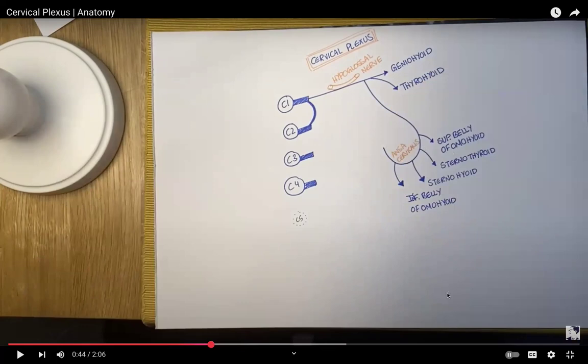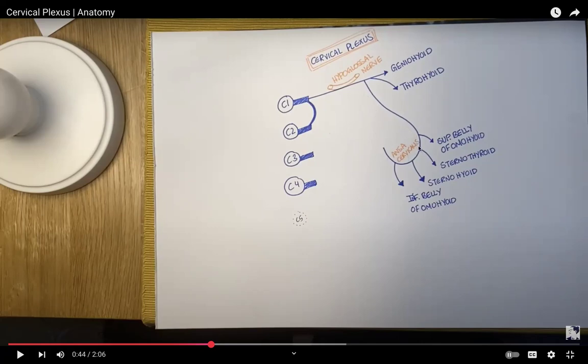See? Ansa cervicalis. So ansa cervicalis is basically a loop of nerves that comes out from the combination of C1 superior root, and both C2 and C3 join together to form the inferior root. This one is the superior root, and these two join together to form an inferior root. What's the function of the ansa cervicalis?